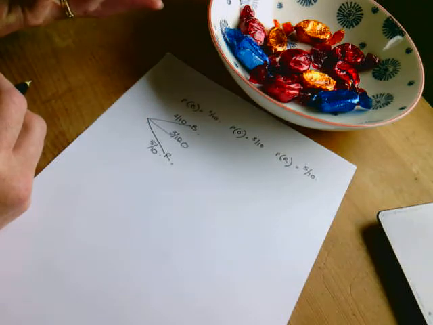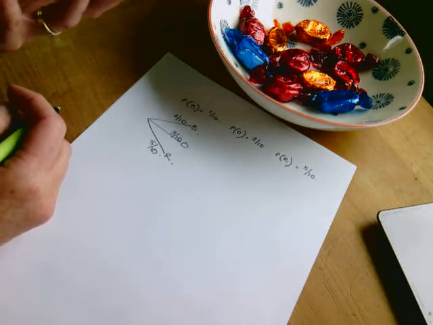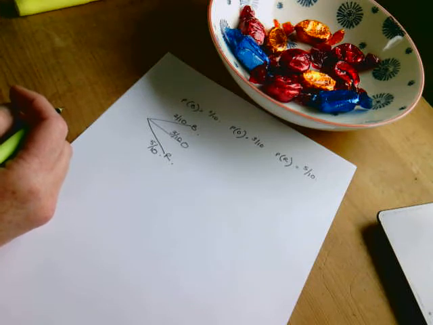Okay, so I'm going to look now at what would be the probability of me taking 2 the same, assuming I replace the sweet the first time. When you replace something in probability, it's quite a different outcome as when you don't replace it.